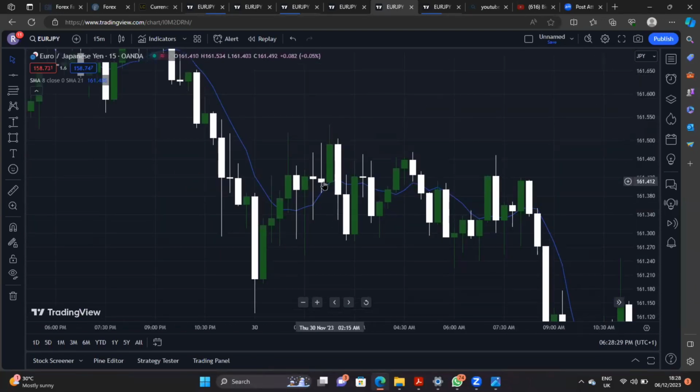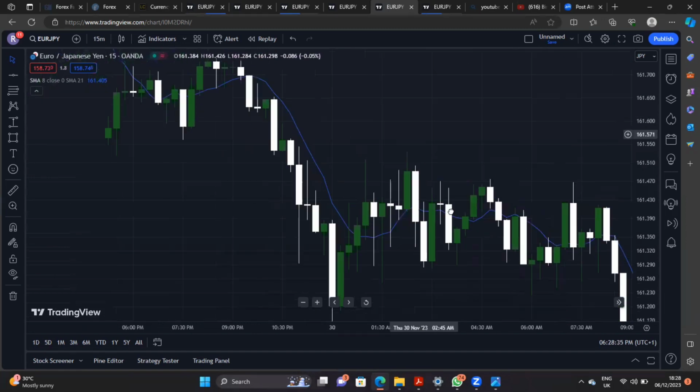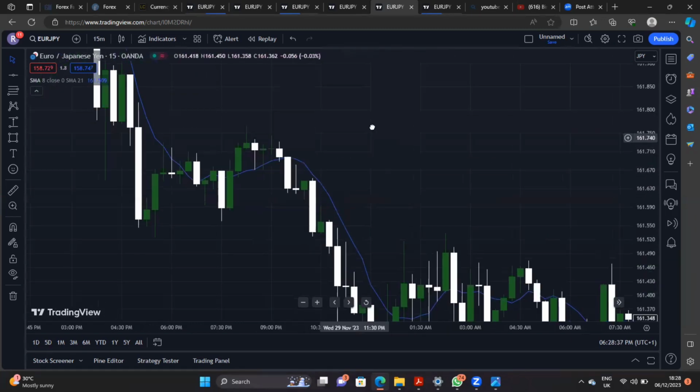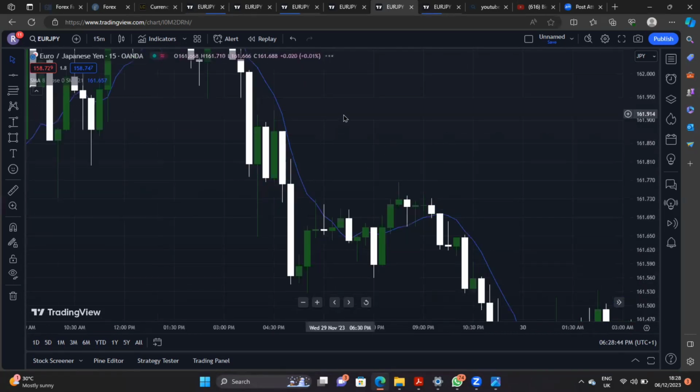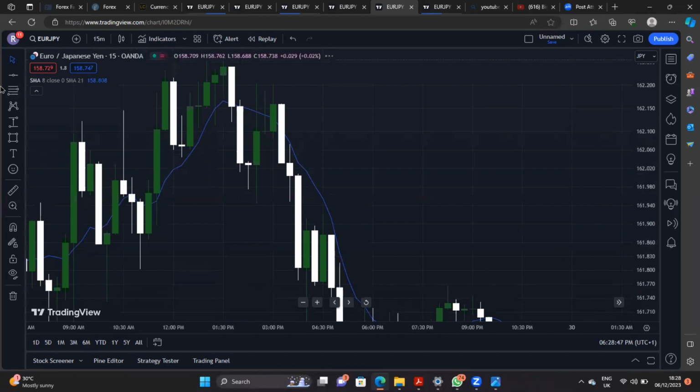So we can classify this also as an engulfing because the bearish candle is longer than the bullish candle. You can also classify this as an engulfing. These are engulfings because the bearish is fully engulfing the bullish. Here we also have another engulfing setup there.